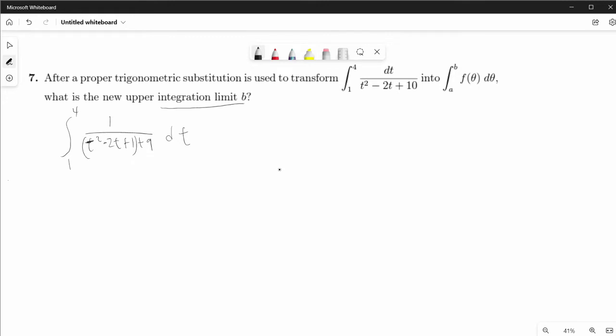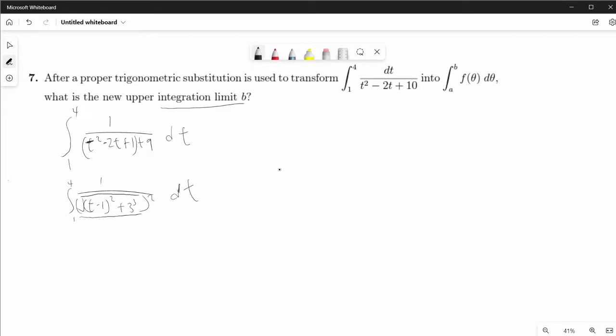Something you should practice seeing, and that combines to t minus 1 squared, and 9 is 3 squared. And what I want to do is make a square root here so we can use trig sub. So I'm just going to square root that and square it. So it cancels out, but we can see there's a square root here now.